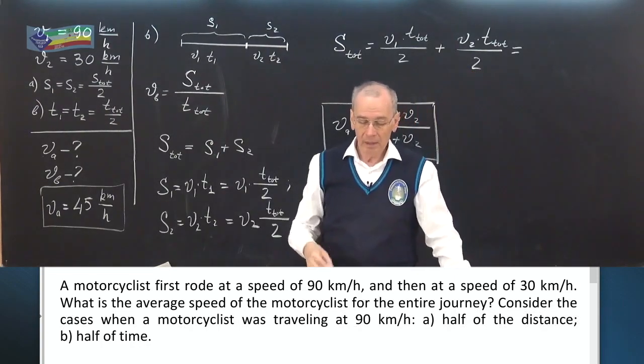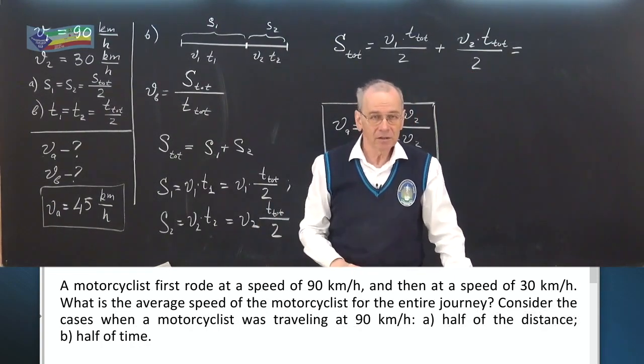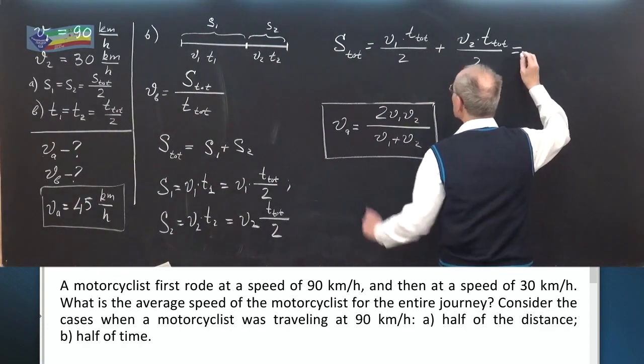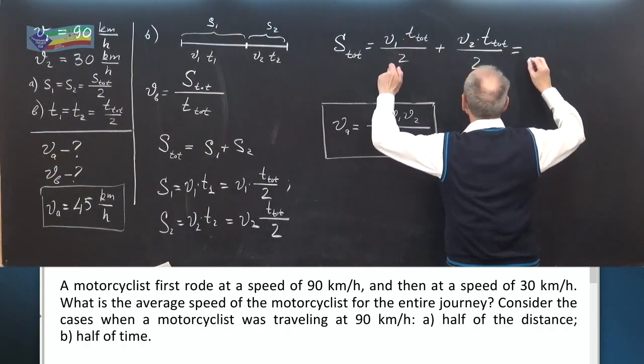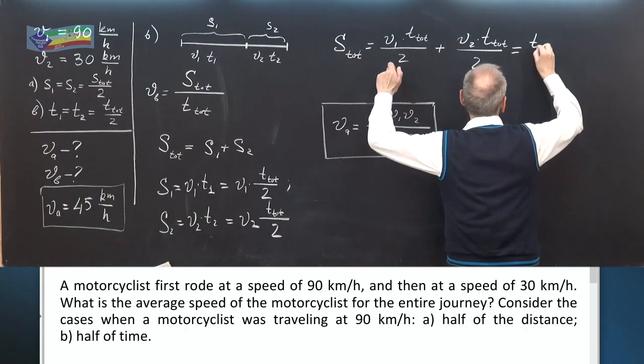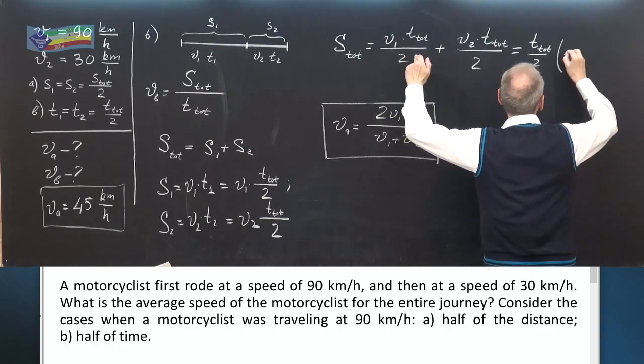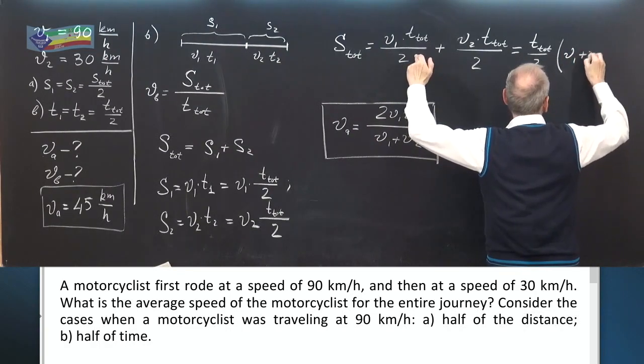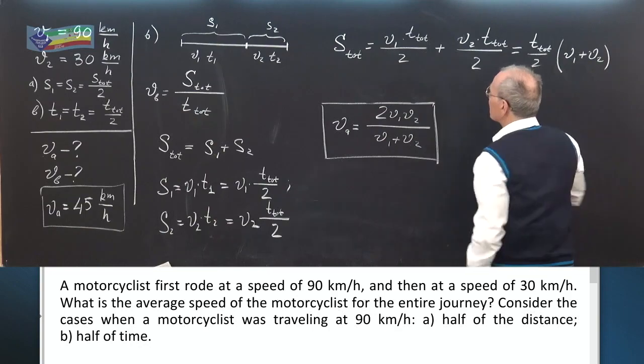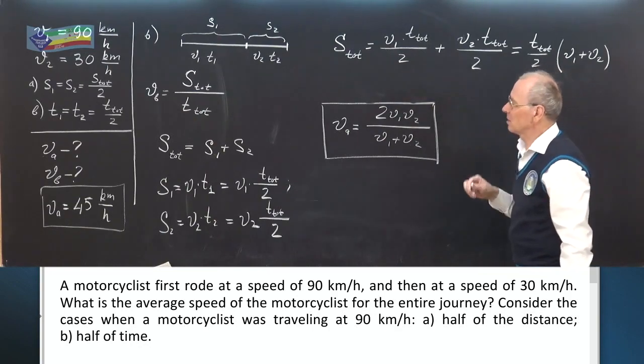Now take the common factor out of brackets. Common factor is T total over 2, and in the brackets remains V1 plus V2. This is the total distance.